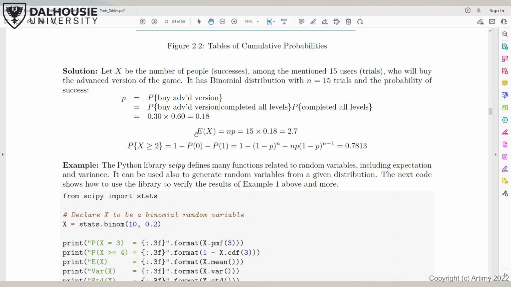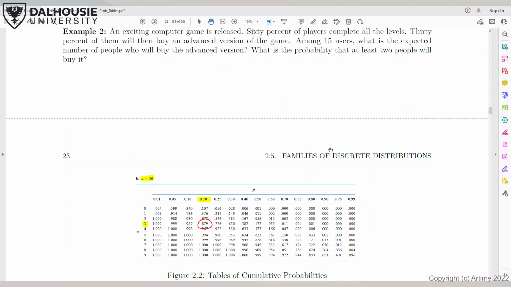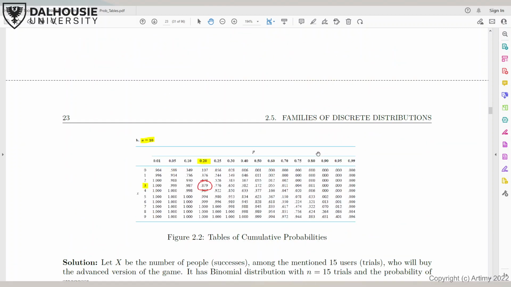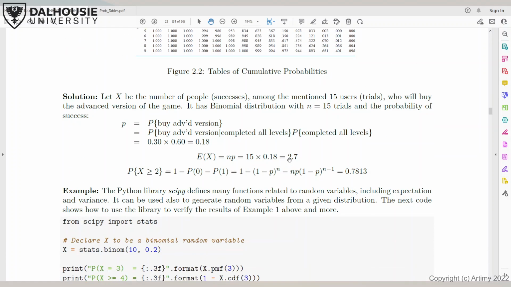What I did here in the notes is actually apply the formulas. I didn't go for a table because the tables do not show 0.18. So we had to do it using the original formula. You have to keep an eye on these things.